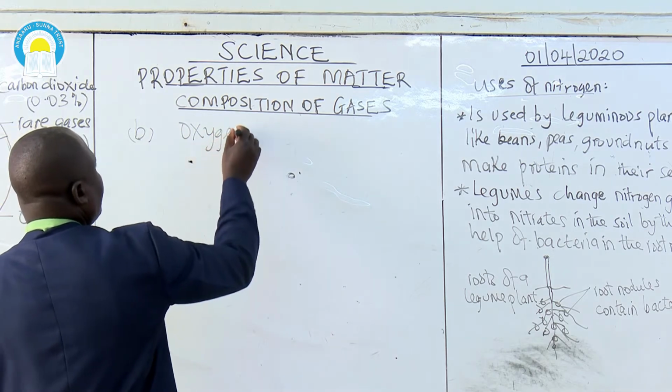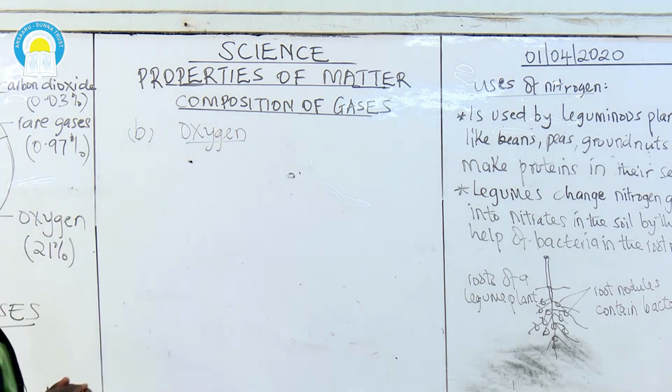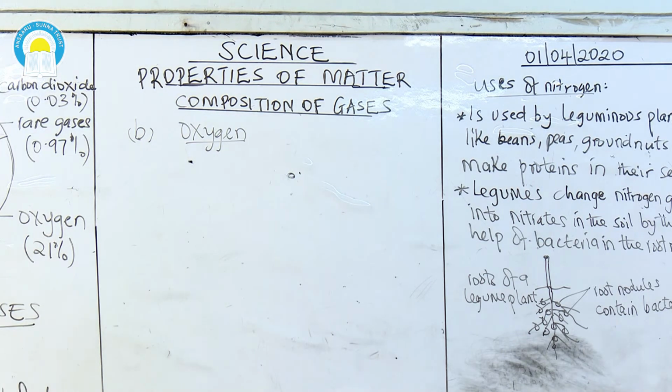Oxygen. As we know very well, oxygen is a very important gas to both human beings and plants.